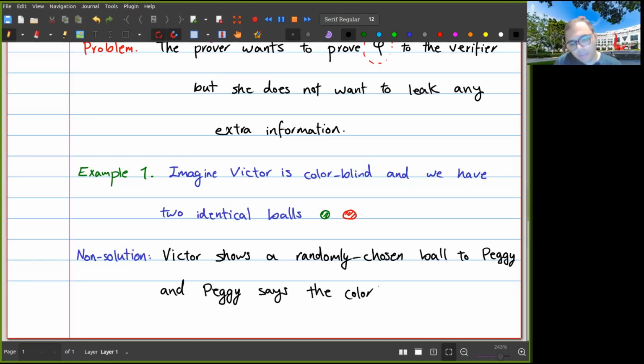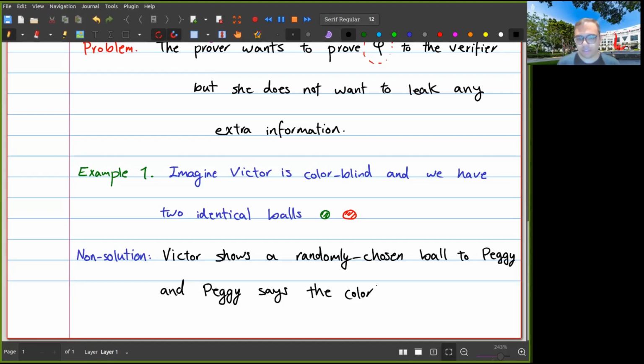Now, if I do this as Peggy, I can actually prove to Victor that I can see color, right? I can prove with very high probability, because Victor will just take these balls behind his back, and every time he randomly shows one of the balls to me. And he can keep track of whether I'm actually changing the color or not.